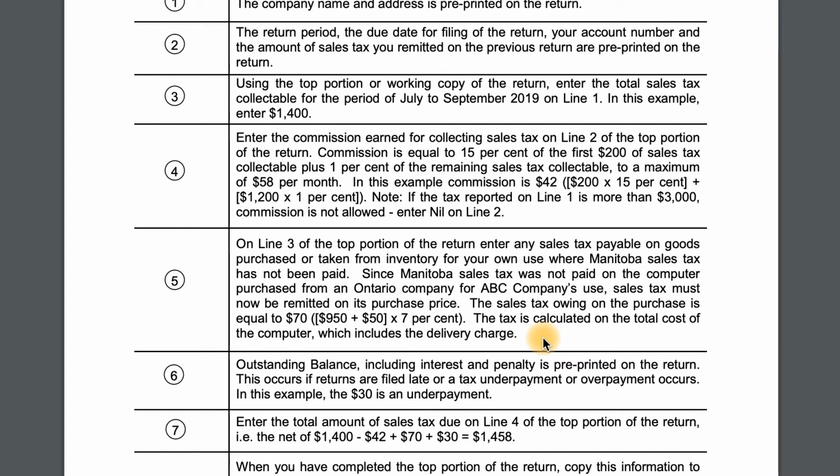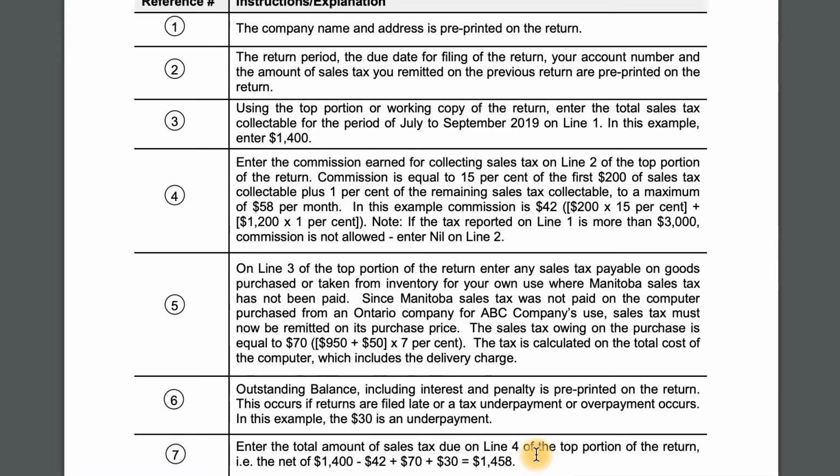Since Manitoba sales tax was not paid on the computer purchased from an Ontario company for ABC Company's use, sales tax must now be remitted on its purchase price. The sales tax owing on the purchase is equal to $70, which is $950 plus $50 times 7%. The tax is calculated on the total cost of the computer, which includes the delivery charge. So that's what that means.